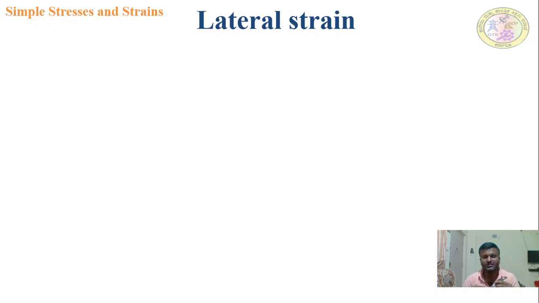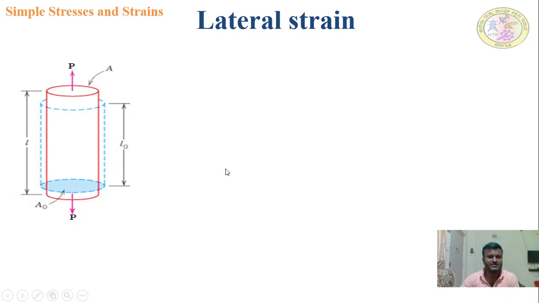If it is a circular cross section, it is the change in diameter divided by the original diameter. If it is a rectangular, square or cubical cross section, the breadth or thickness will be considered for finding the lateral strain.